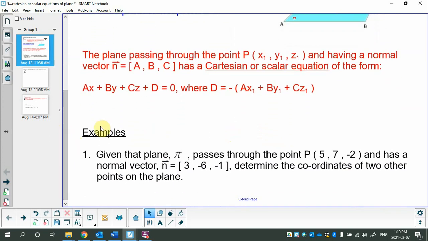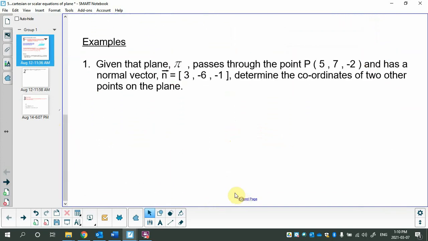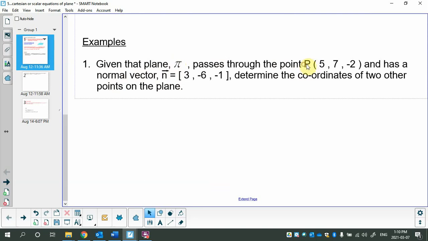Before I start to talk about how to solve this question, I'm going to read it and tell you about this little symbol. So it says, given that the plane, and you've got the pi symbol, passes through the point P, 5, 7, negative 2, so we have a point, and has a normal vector equals A, capital A is 3, capital B is negative 6, capital C is negative 1, determine the coordinates of 2 other points on the plane.